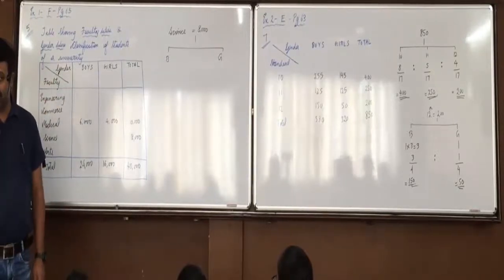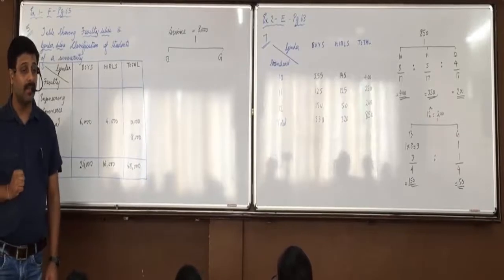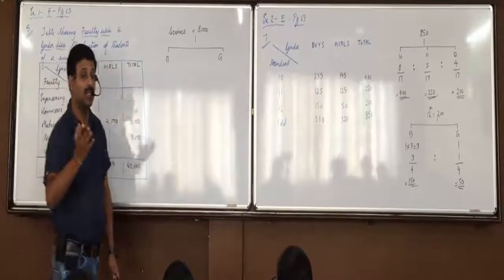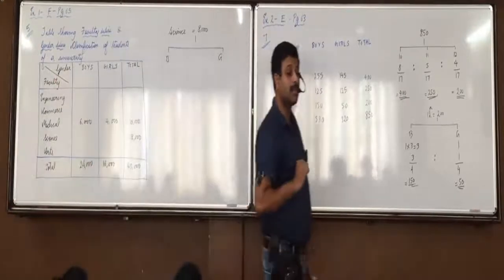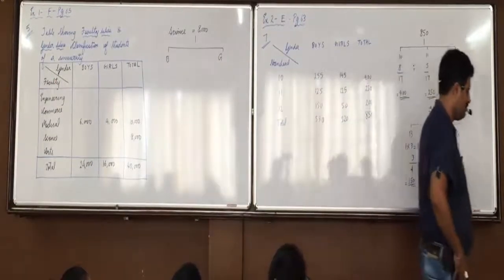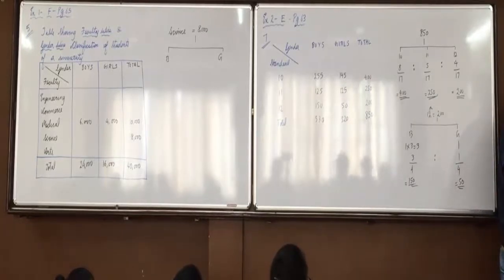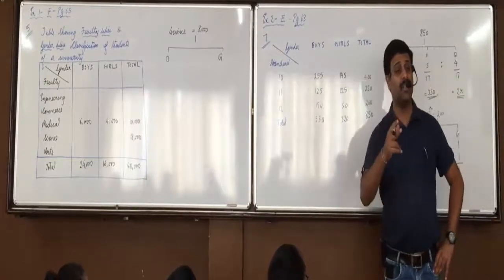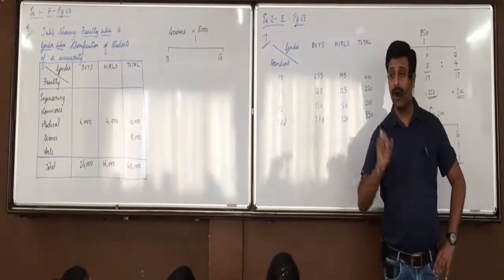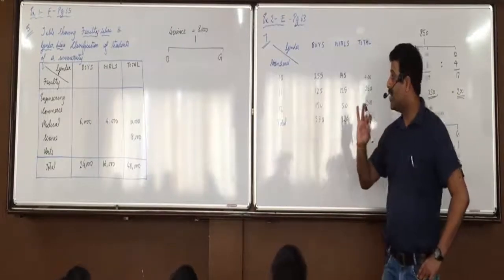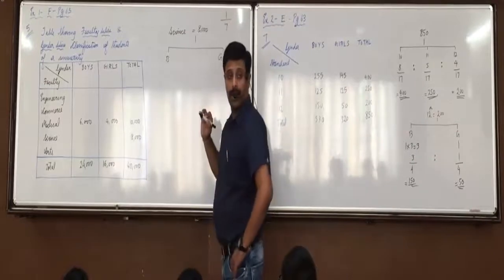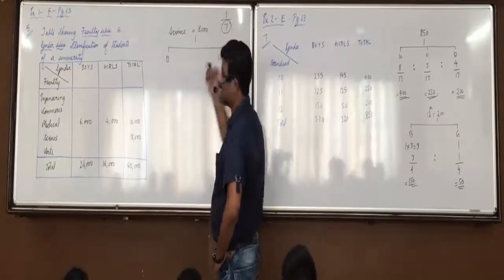What did we discuss when two informations are given? Always assume for the second. Will you assume for boys or for girls? Second information is boys. You'll make assumption for boys. Now be attentive. Because it is given 1/7, assume the number of boys as 7.